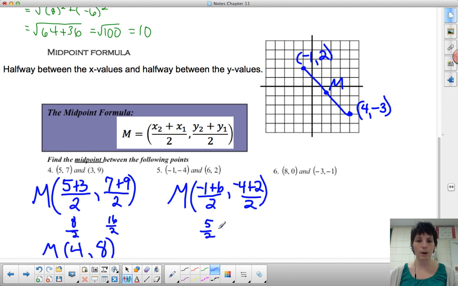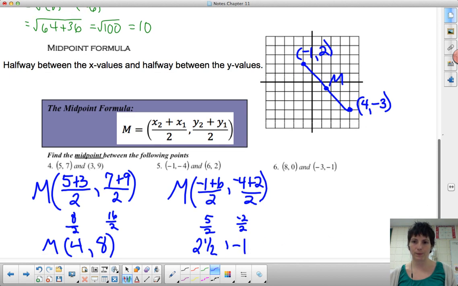And you can leave it as an improper fraction, or you can change it to 2.5, since we're going to be looking at graphs potentially. Negative 4 plus 2, well, that's negative 2 over 2. And negative 2 over 2 becomes a negative 1.